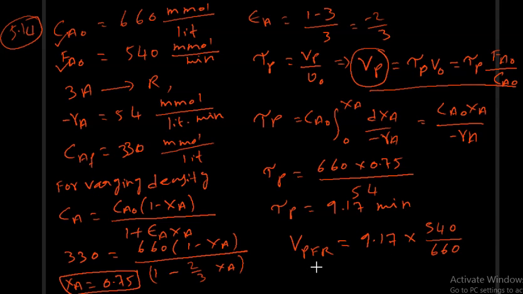So volume of a plug flow reactor is equal to 7.5 liter. So to reach the final concentration CAF equal to 330 millimole per liter, what should be the volume of plug flow reactor? It should be 7.5 liters.